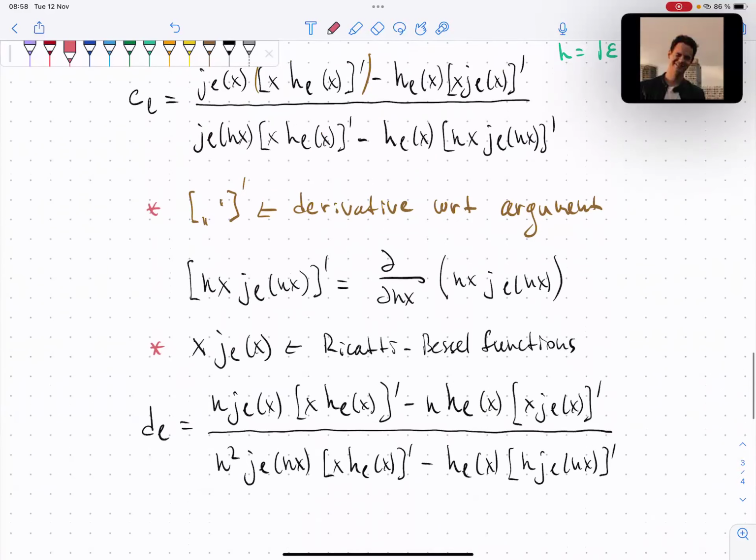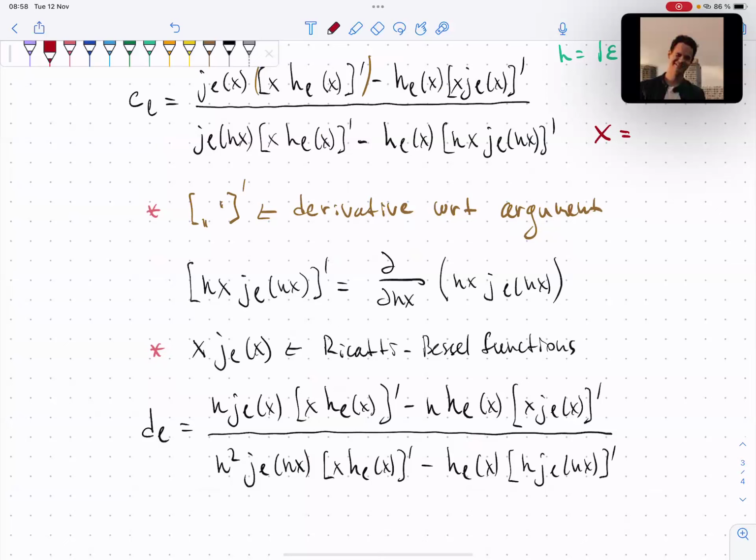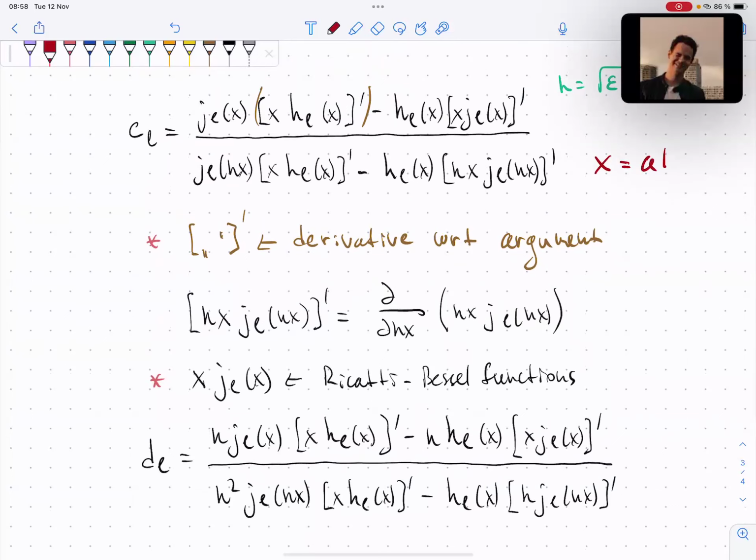Also, I forgot to say that here x is what is called the size parameter. It's a multiplied by k, where a is the radius of the sphere and k is the wave number.